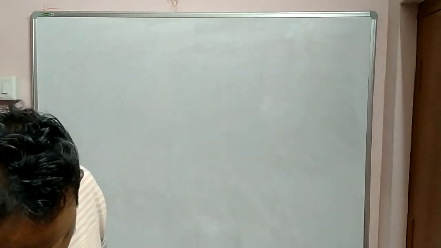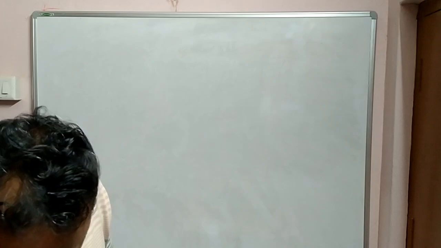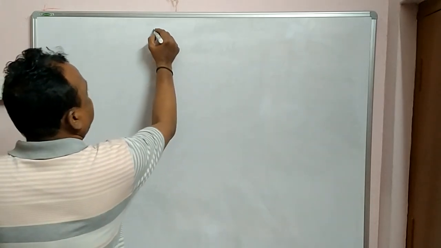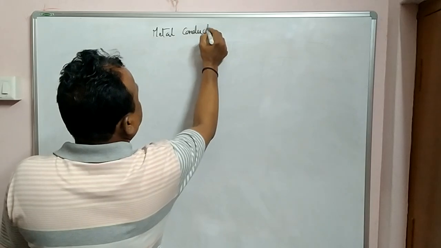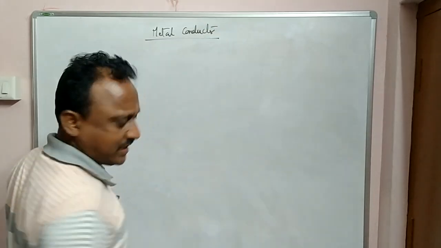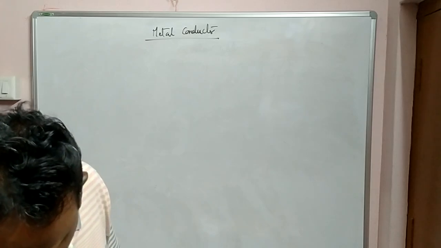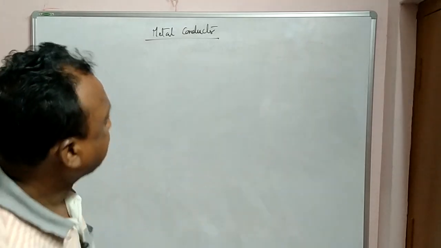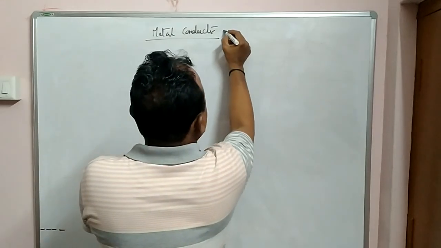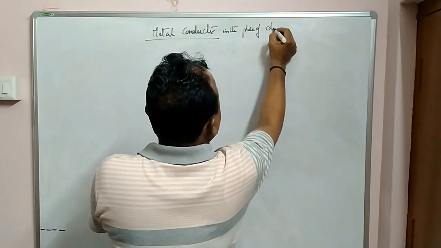For example, in the examination, if they give a metal conductor, if a metal conductor is used in the parallel plate in the place of dielectric material.